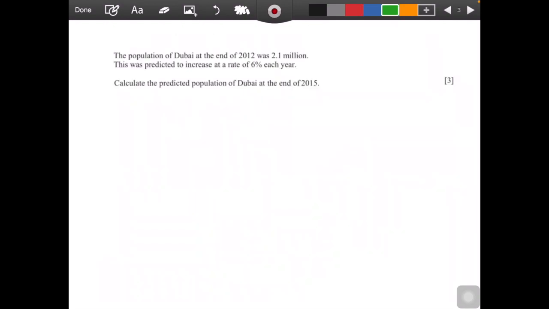For this last problem, we're asked to solve for the population of Dubai at the end of 2015, given that in 2012, they had an initial population of 2.1 million, which was predicted to increase at a rate of 6% each year. So this is kind of like a compound interest formula. And what we'll have to do is put the initial value, multiply this by the interest rate, the increase of 6% each year, to the power of the number of years.